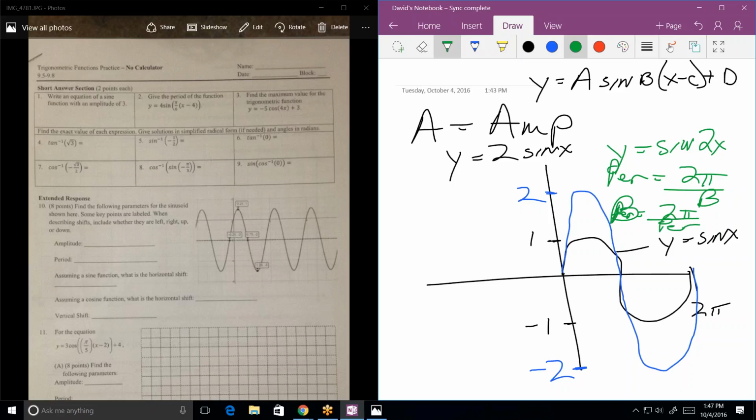So when I say sine of 2x, what's the period? Wouldn't it be pi? Yeah. Okay, and that's right there, which means I have to draw my entire sinusoid curve within that period.